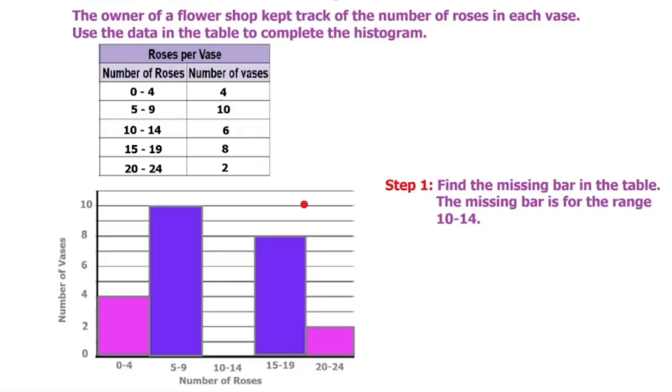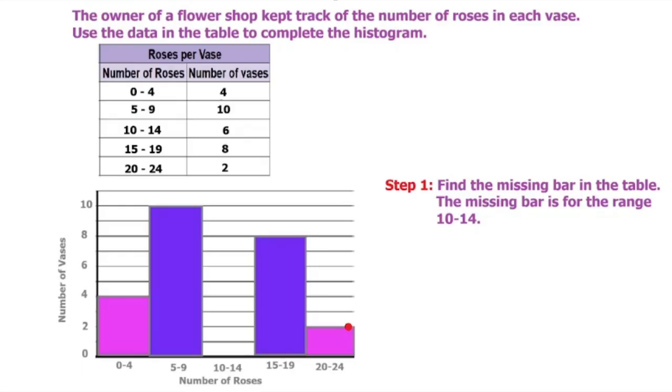And so for the 15 to 19 number of roses, there's 8 vases that have that many roses. And then for the 20 to 24 roses, we have 2 vases that have that. So now that we understand how to do this, it becomes easy.